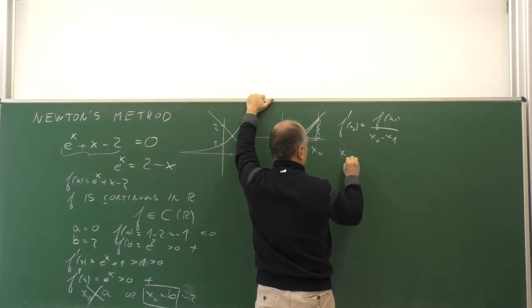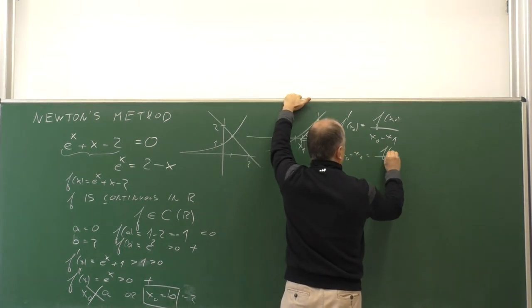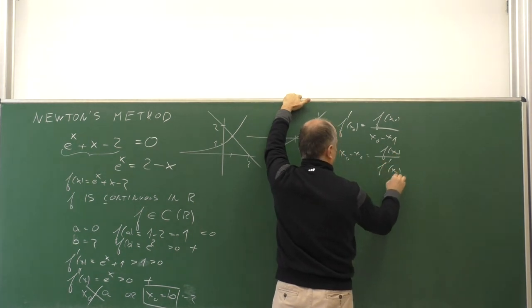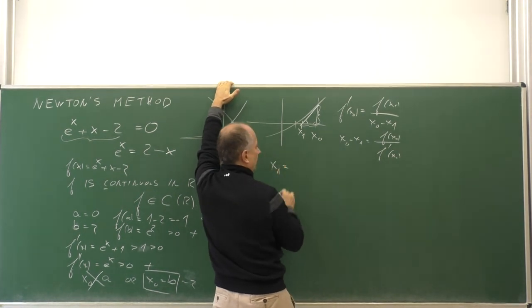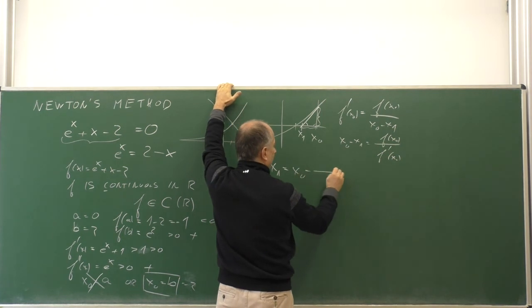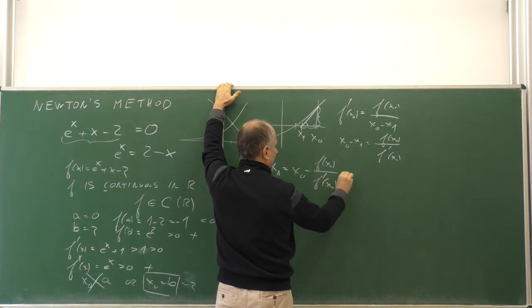So x0 minus x1 is function value at x0 divided by the derivative, and so the next approximation x1 is x0 minus this fraction f at x0 divided by the derivative of x0.